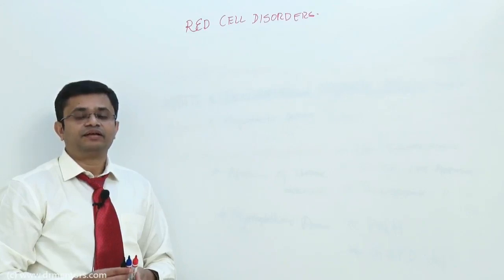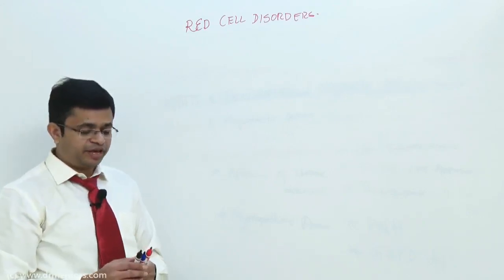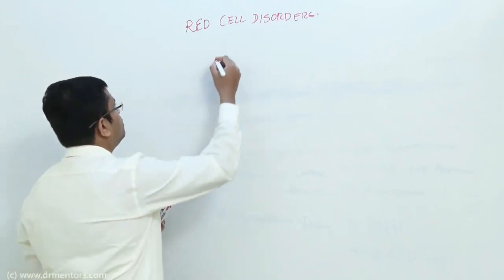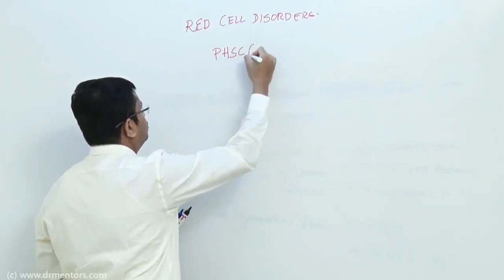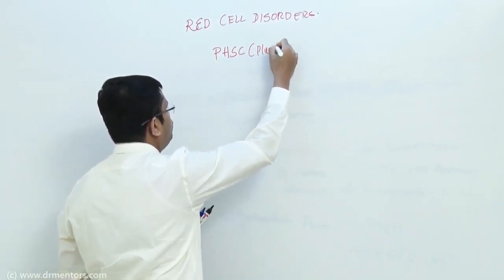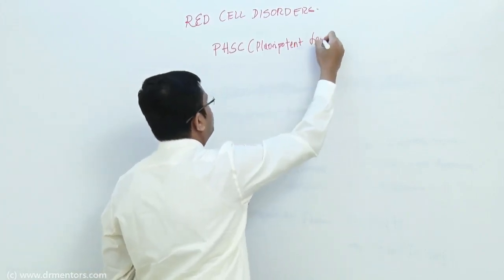Now we'll understand where all these red cells arise from. They all arise from the bone marrow, especially the primitive bone marrow cell called the pluripotent hematopoietic stem cell.